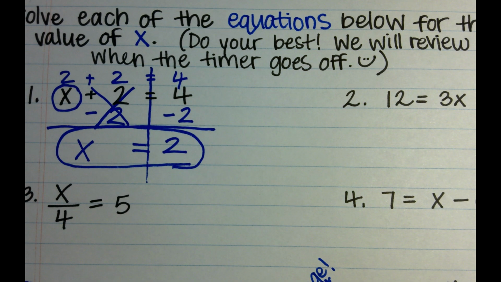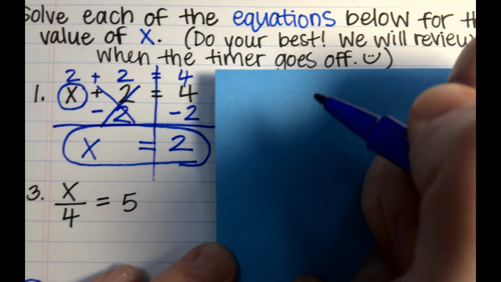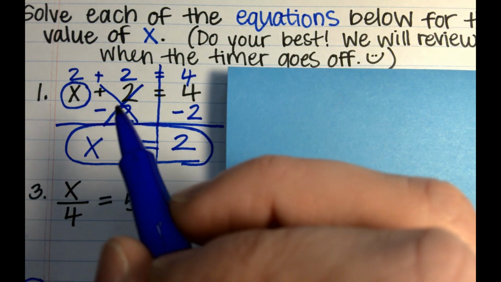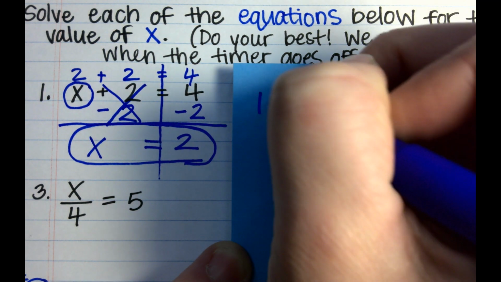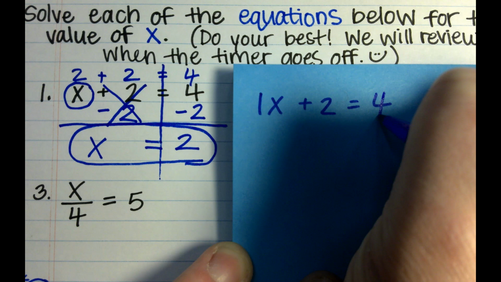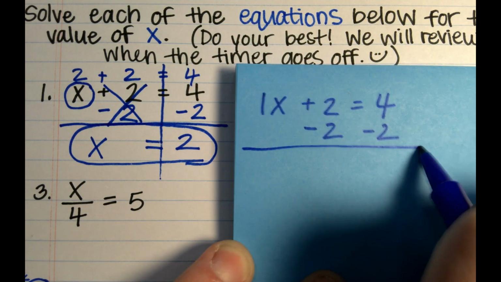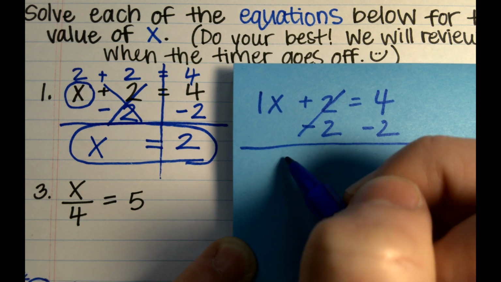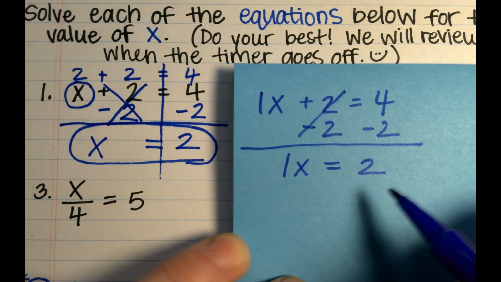So I'm going to write out what you said so that it makes sense. Sometimes it helps to see it. Basically what Marquila was saying is that she put a 1 next to the x. So it was like 1x plus 2 equals 4. She still subtracted 2 from both sides and just brought down 1x equals 2.